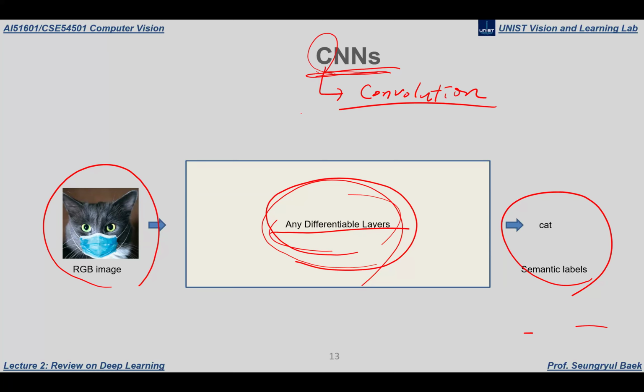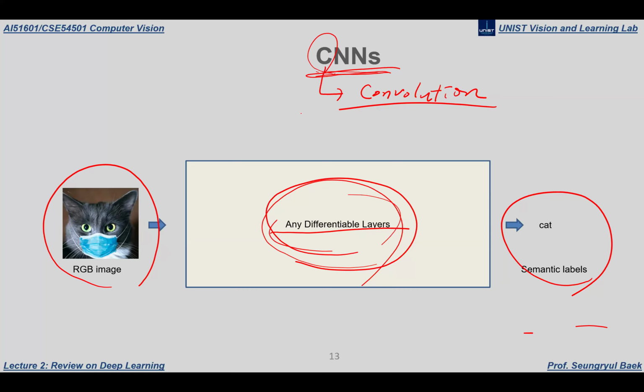There are sharpening filters and blurring filters and other filters corresponding to any effect. So this convolution, if you take a signal processing class, can actually transform the input signals to have some other characteristics.